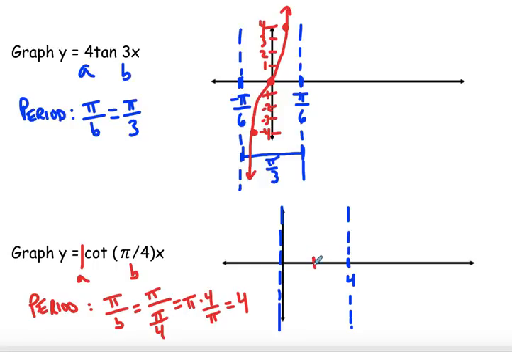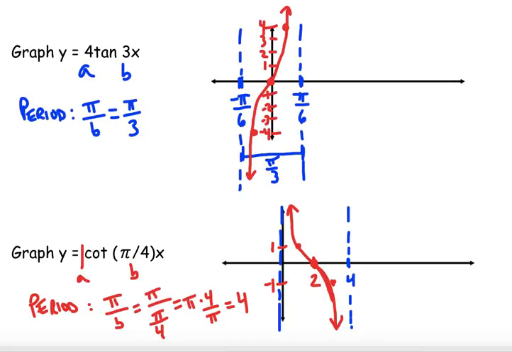Then halfway in between, which would be at 2, we'll have a dot on the x-axis, and this is going to squiggle down. The amplitude is 1. So to squiggle down, we would go about over halfway up 1 and about over halfway down 1, and then make a squiggle going down. And that would be your graph of cotangent.